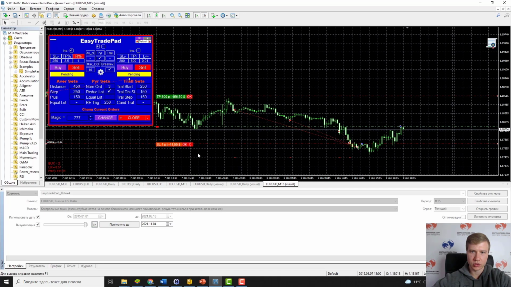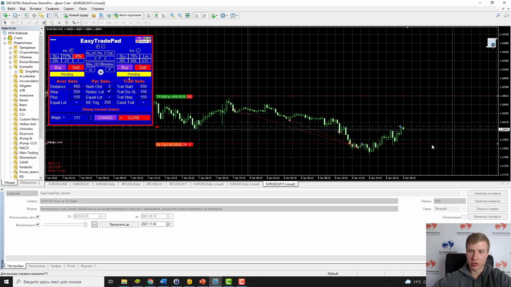We see here that the trigger for our stop loss was triggered. We have already opened the first position, while our stop loss was moved to break even on the first position.